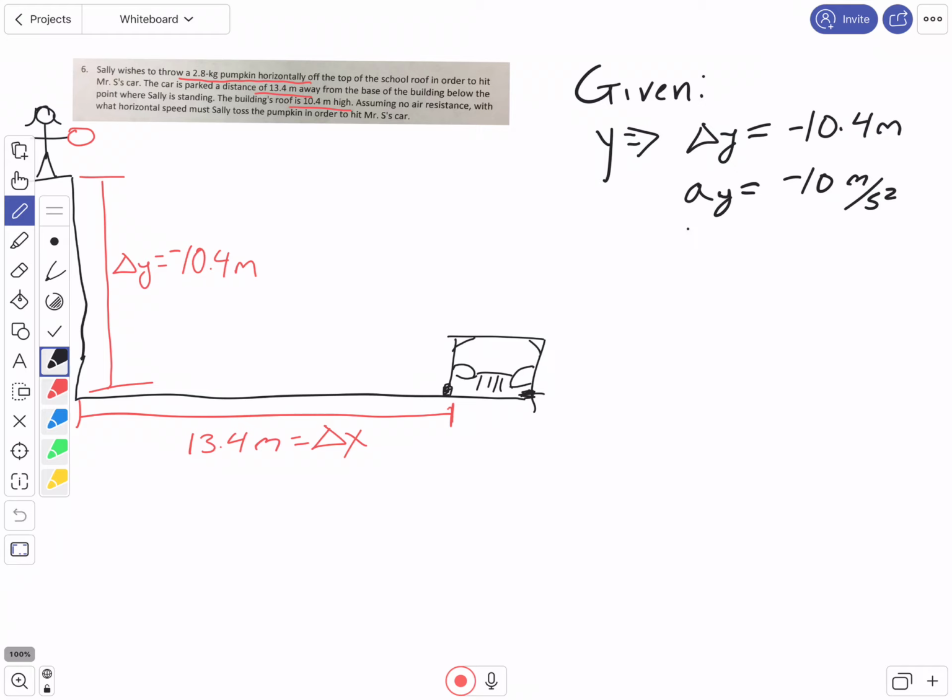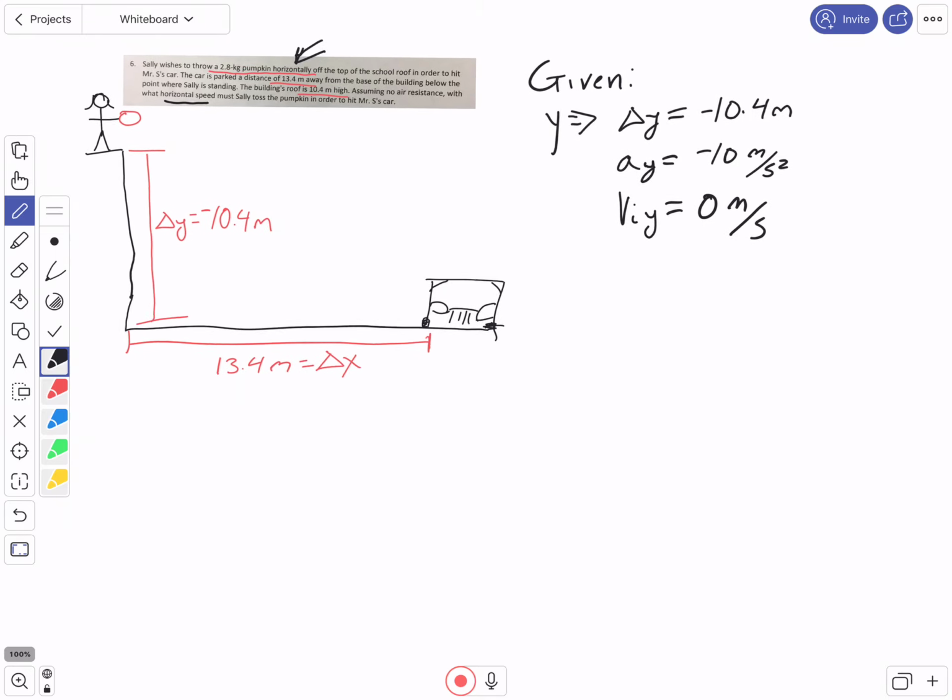And we know our velocity initial in the y direction, because she's going to throw it horizontally off the top, which means horizontally is left to right, which means the Vi in the y direction is 0 meters per second. Okay?